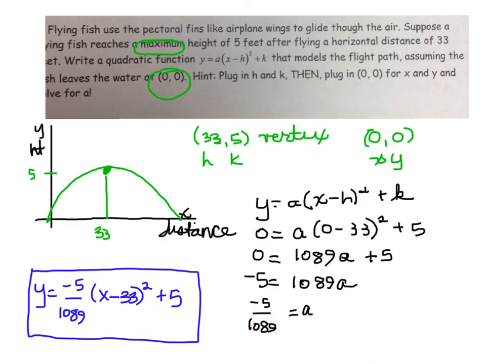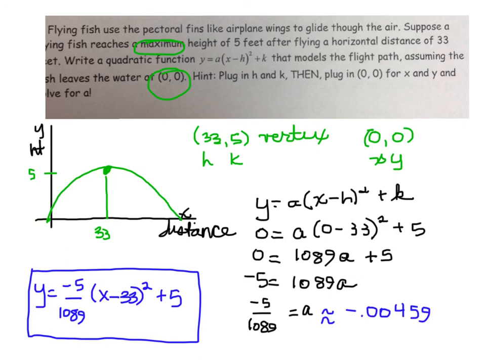Okay, now this is very interesting. If you were to put this in decimal form, I'm just going to give you what A is in a decimal. It's approximately negative 0.00459, which is a very, very, very small fraction.